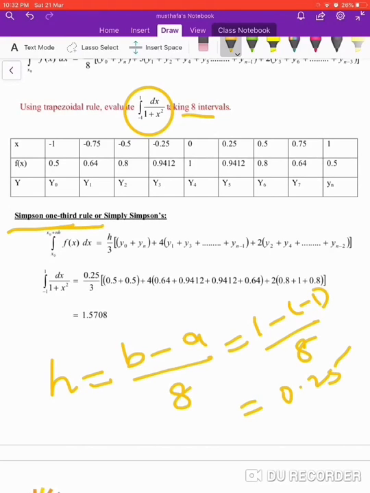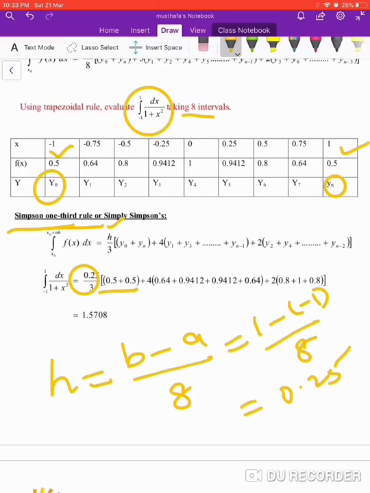So in Simpson 1/3 rule, we got the value of h. h is 0.25. So you can see here h over 3, and then y0 plus yn, that means the initial value plus the final value. The initial value is 0.5 and the final value is 0.5. The next term is 4 times y1, y3, that means the odd entries of your y.